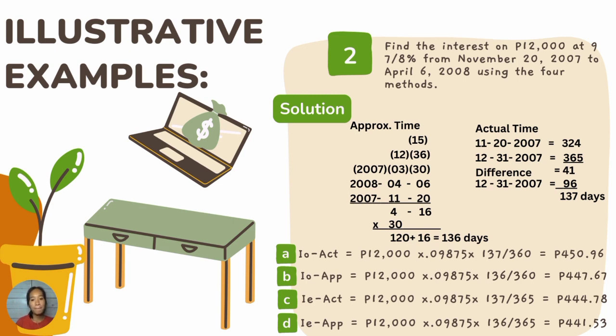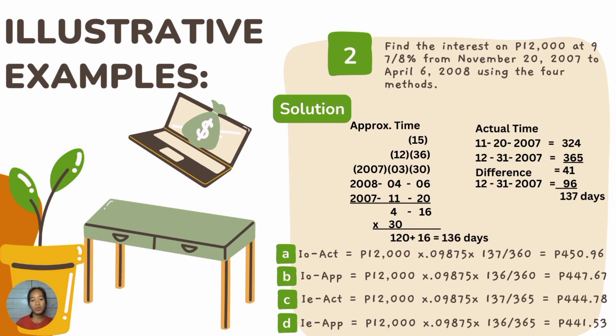From December 31, 2007 to April 6, 2008, we have 96 days. We add 41 plus 96, which is equal to 137 days. So our actual time will be 137 days.